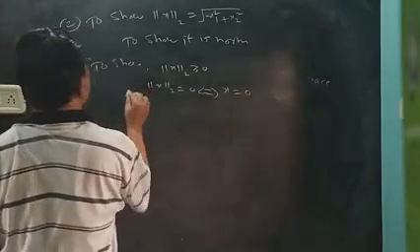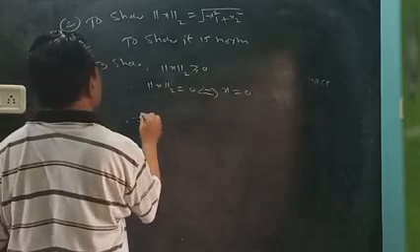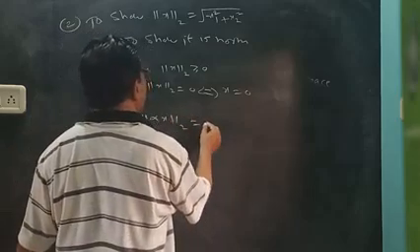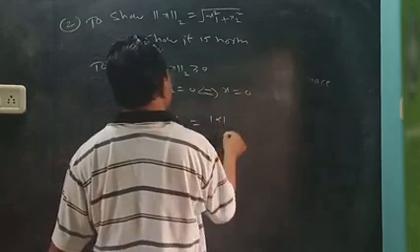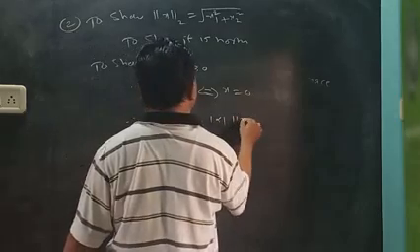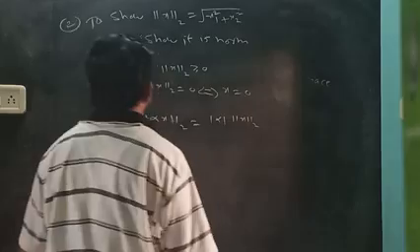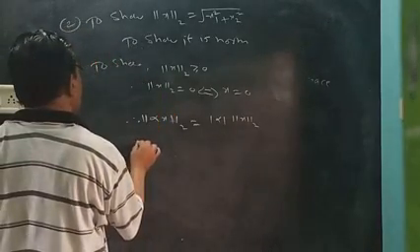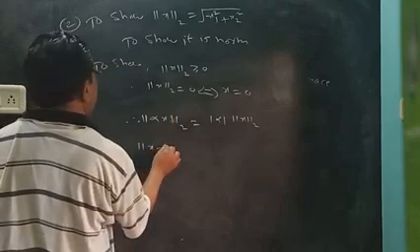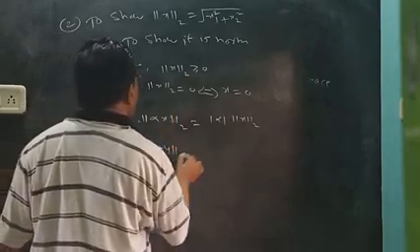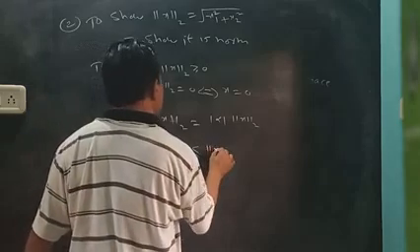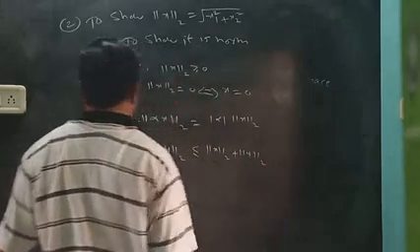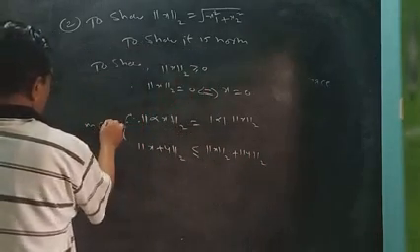Third, norm of alpha x at the 2 will be mod of alpha times norm of x at the 2. This 2 means 2 dimension, the first was one dimension. And last, norm of x plus y at the 2 is always less than or equal to norm of x at the 2 plus norm of y at the 2. This is for MCQ questions.